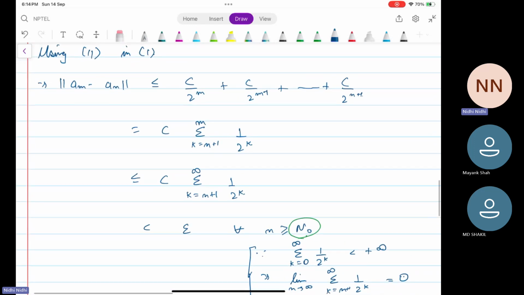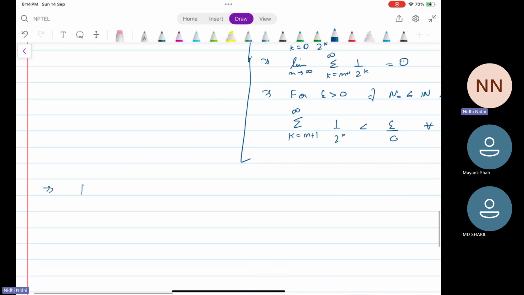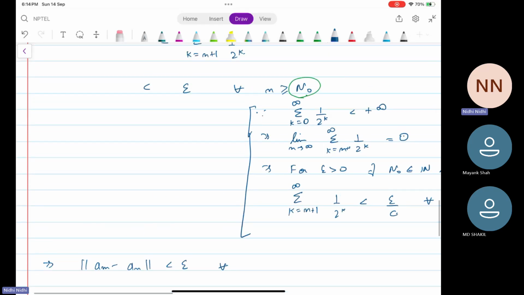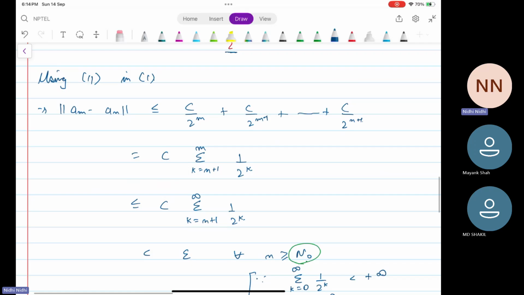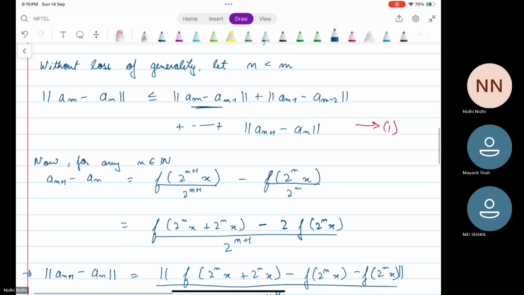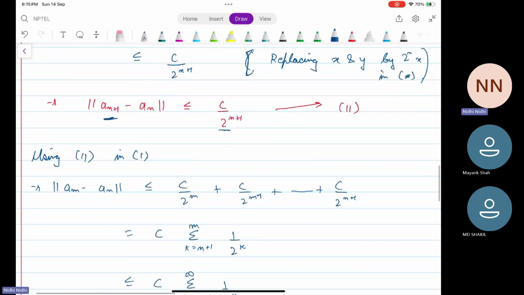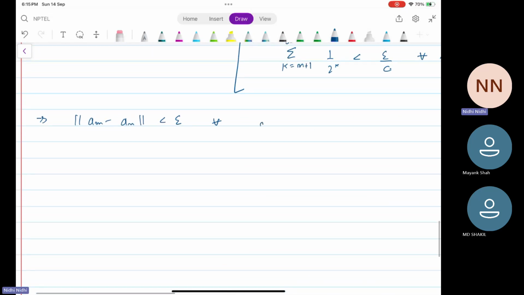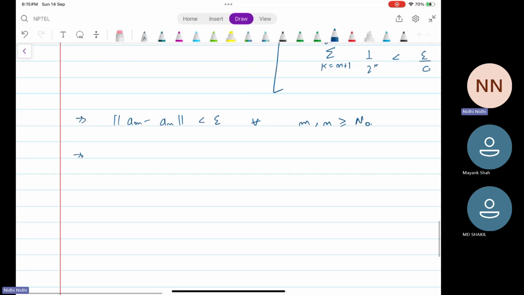And hence this implies norm a_m minus a_n is strictly less than epsilon whenever n is greater than n naught, and also we started with m greater than n. So whenever m and n are both greater than or equal to n naught, this implies the sequence a_n is Cauchy in F, and hence convergent.